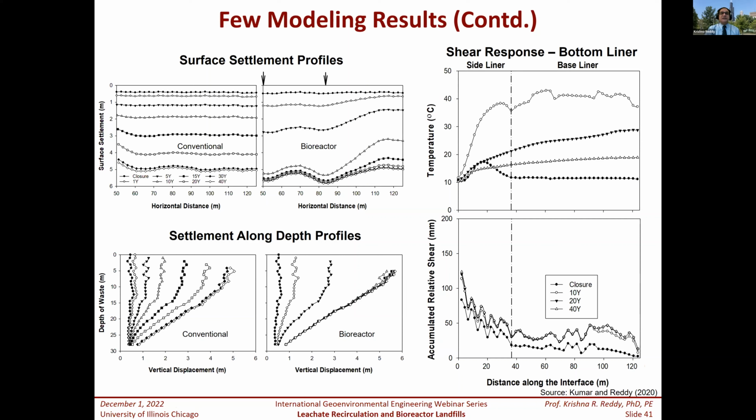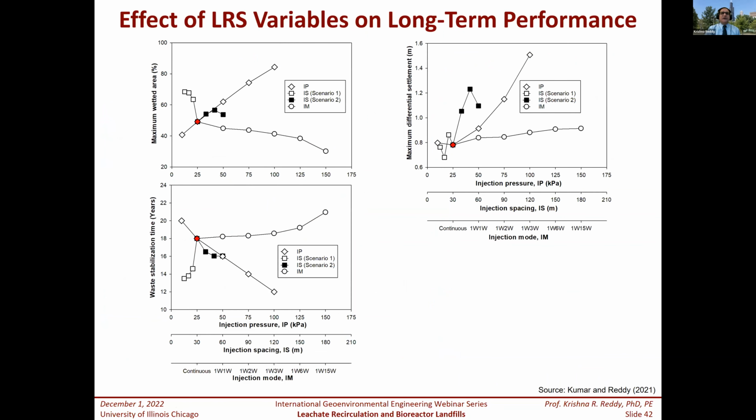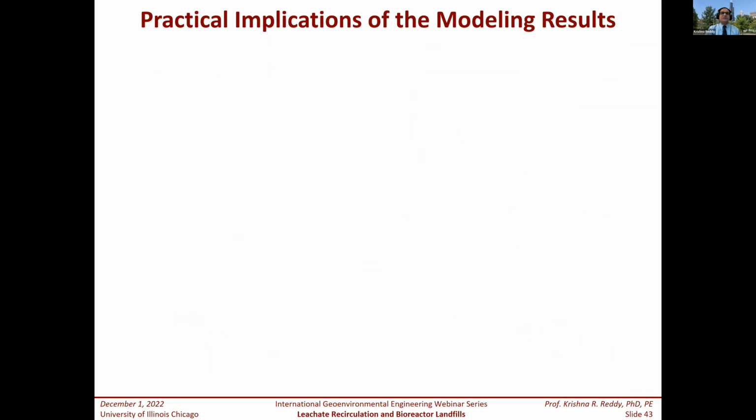So you can understand better, and then you can help landfill designers and operators to do certain things that will make these bioreactor landfills safe. So we also looked at how injection pressure affects, how the injection spacing affects, and the mode of injection affects. So we have investigated all these aspects through the modeling.